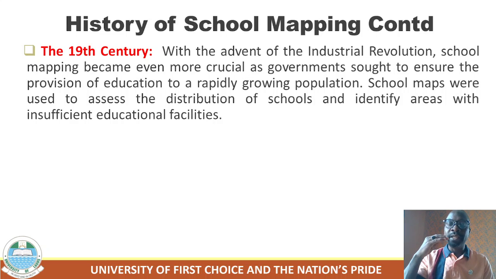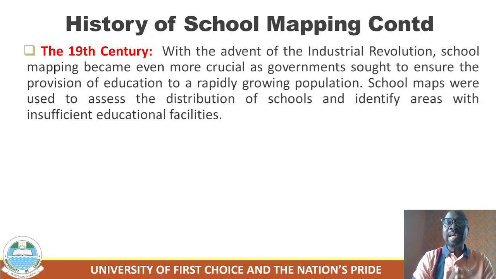During the industrial revolution period, the population was growing rapidly, and there was the need, on the part of the government, to now see how we are going to make education available to people.